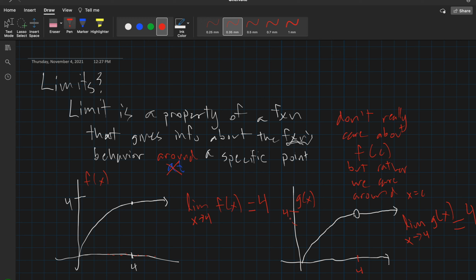And so I would say that this example is really important to illustrate why this keyword around is so vital. Notice in both of these cases, one where g of 4 did not exist, and this case where 4 was actually a part of the domain, the limit still exists and the value of these limits are still the exact same value.